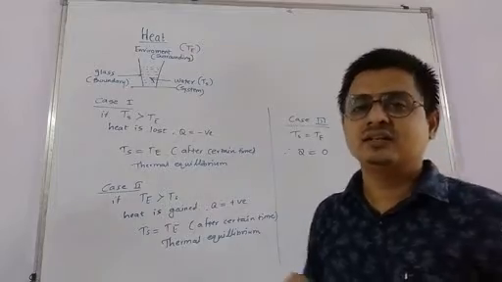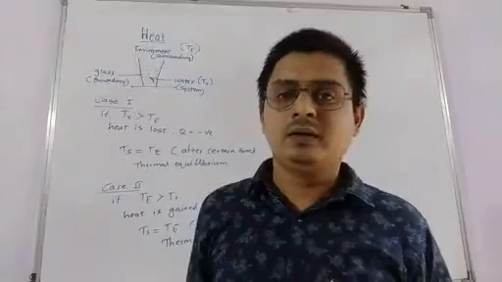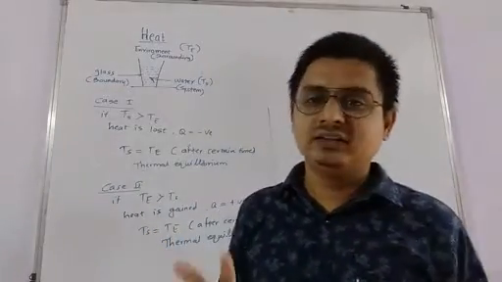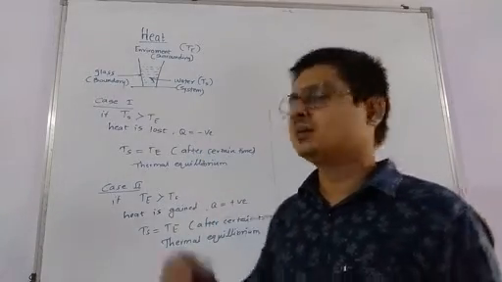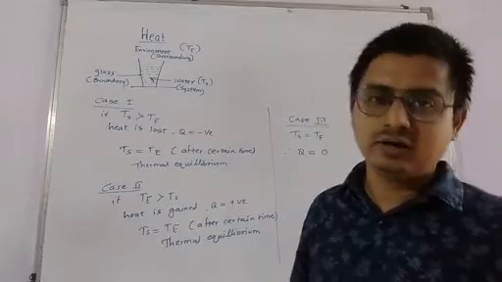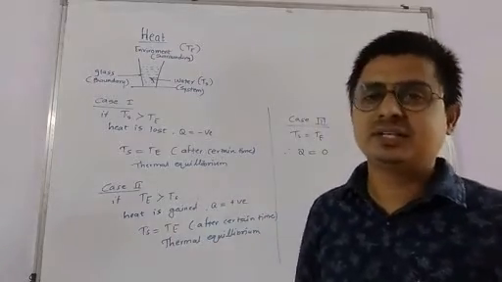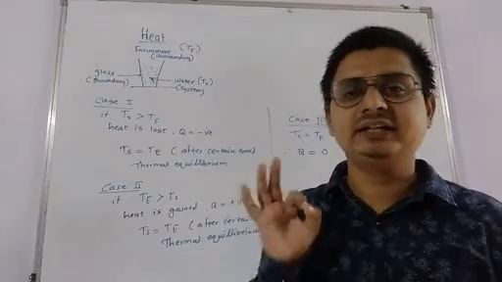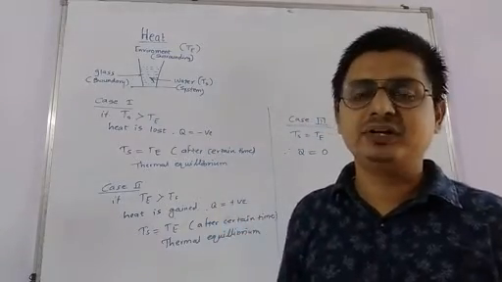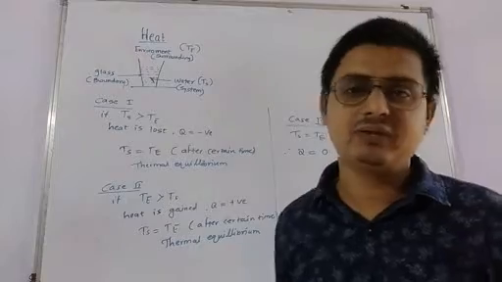In such a case, Q is equal to 0. So we can define heat as the energy transferred from the system to surrounding or the surrounding to the system. It means heat is defined as the energy that is exchanged between system and surrounding.